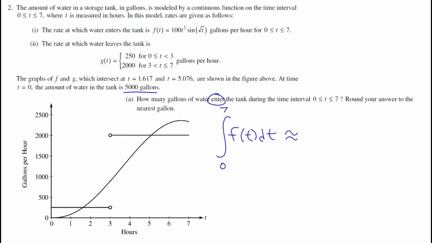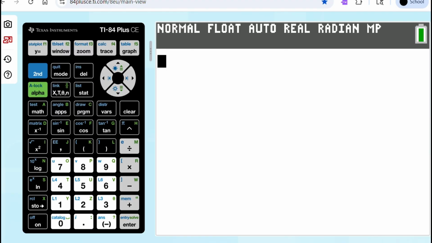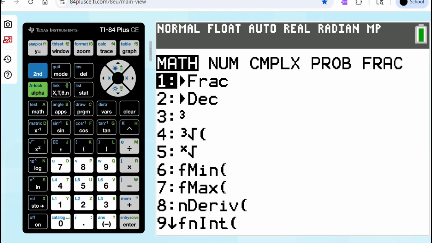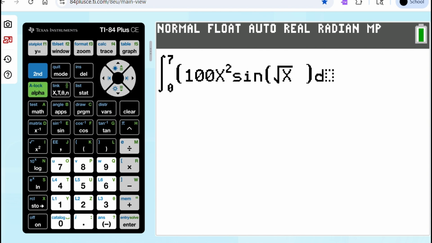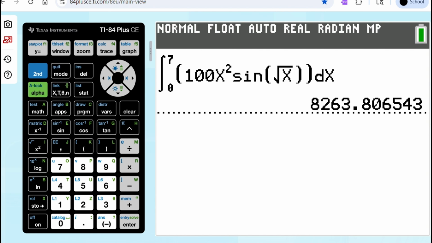So we're just going to use our graphing calculator here to do the integral by hitting math and option number 9, FNINT, from 0 to 7 of that f of t function, which was 100 t squared, so we'll use x squared, times the sine of the square root of x dx.